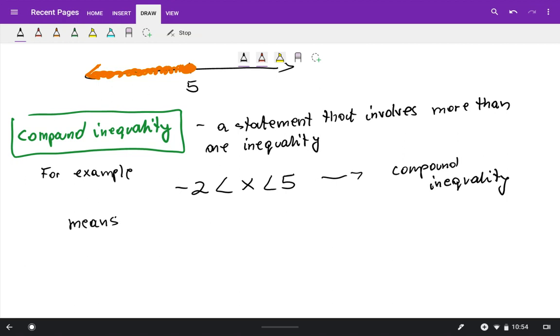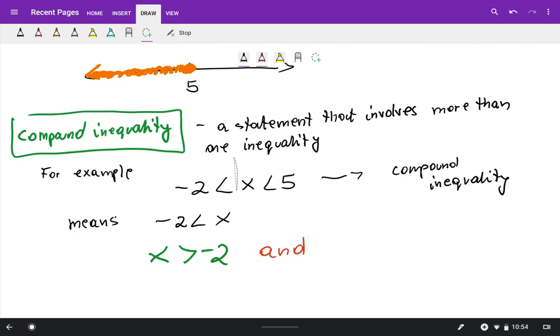That means that, and again, this is how I'm going to break it down. I'm going to rewrite only this part. Okay, so I have -2 is less than x, which again is the same, you guys know that already, as x greater than -2. I recommend it that way. And when you have a compound inequality, you always have the word "and".